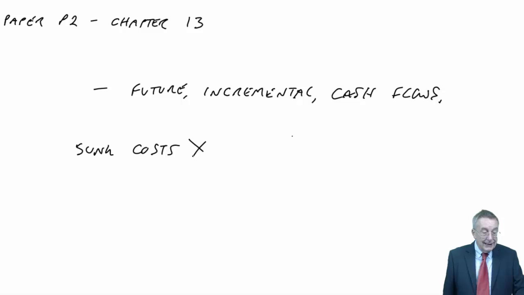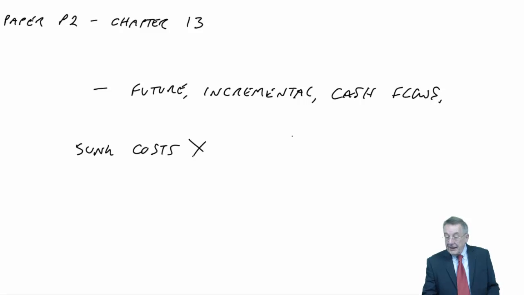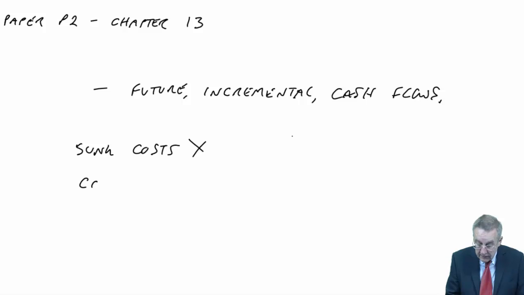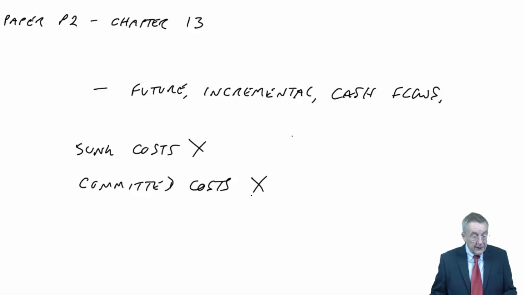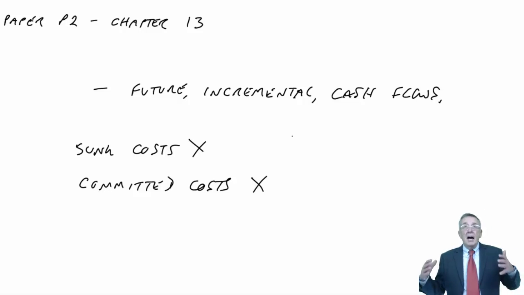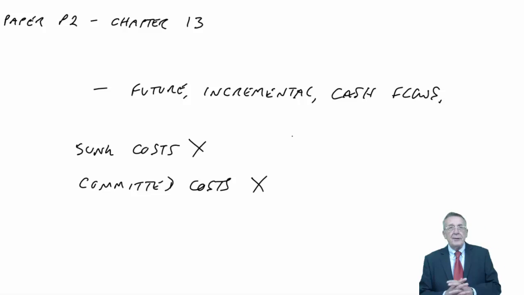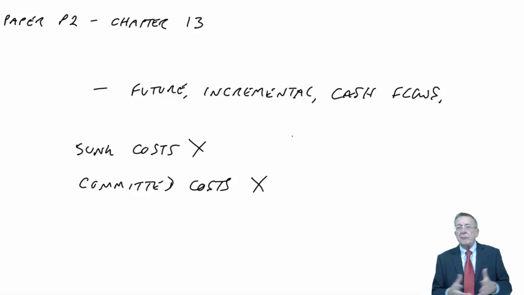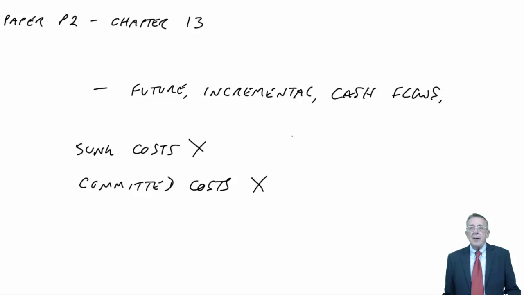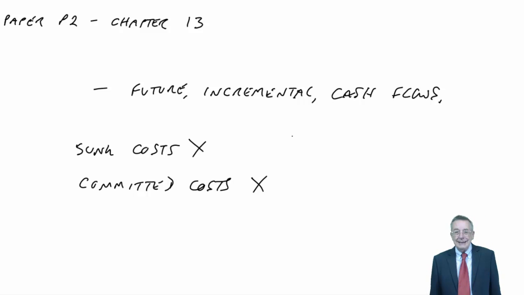Committed costs, as it says there, costs that will be incurred whatever decision we make, are not relevant. An example of this, maybe our business, we already have fixed costs. We have rent, for instance, of 100,000 a year.